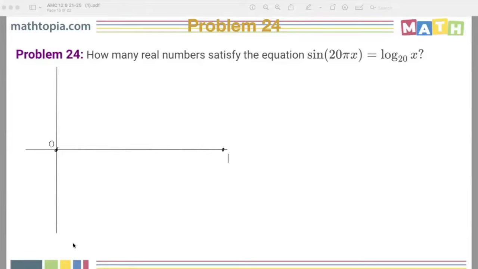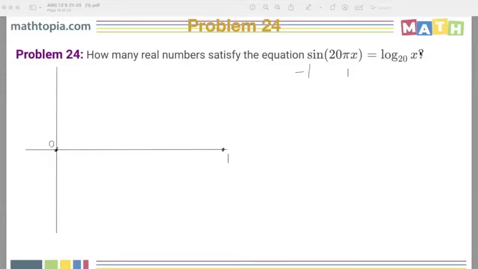There's going to be a lot of interesting movement of the log function. What I mean is that the log function is only going to intersect with the sine function at very specific instances, because sine of anything is going to be between -1 and 1 at all times.